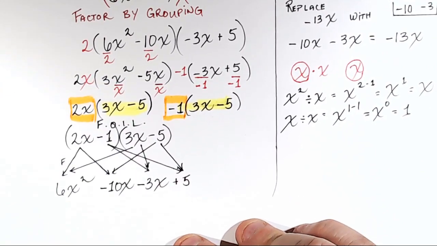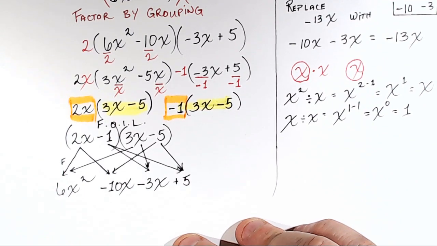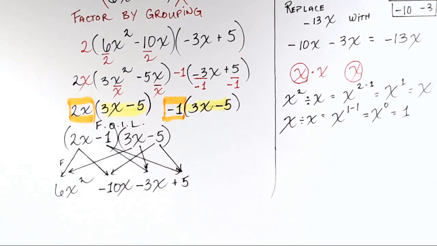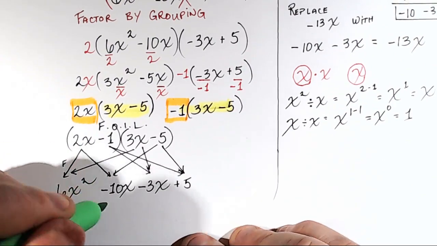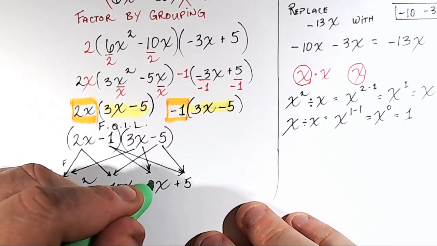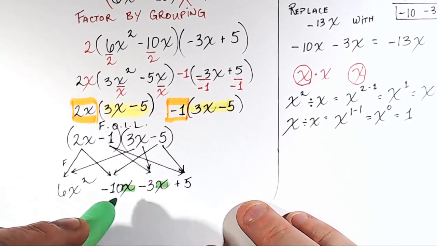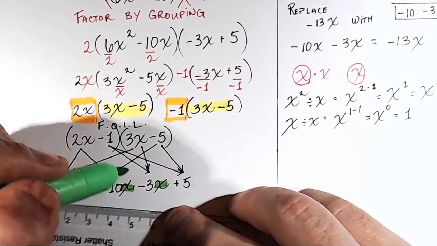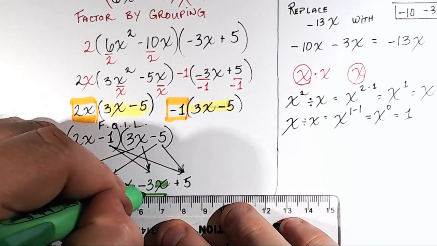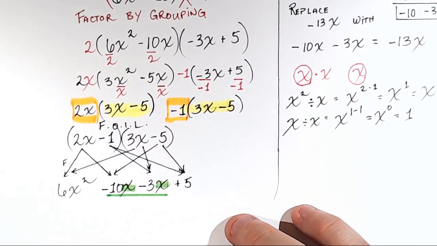Now, we have two common terms in here. We have two x terms. See, here I've got an x term, and here I've got an x term. So I can actually combine these. These are like terms. So I'm going to combine like terms right here.